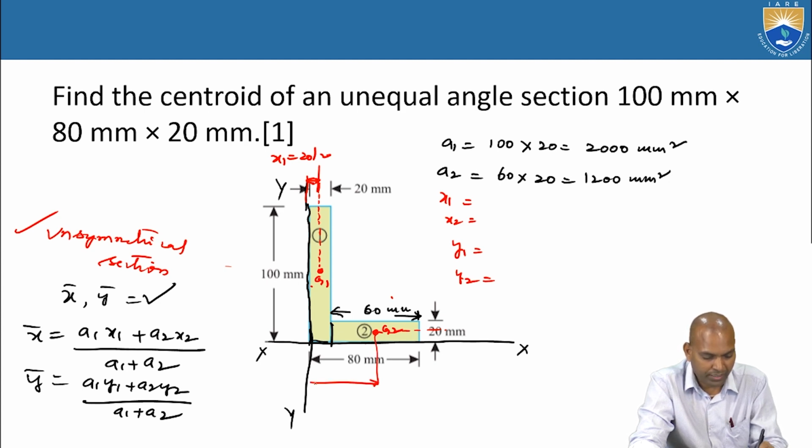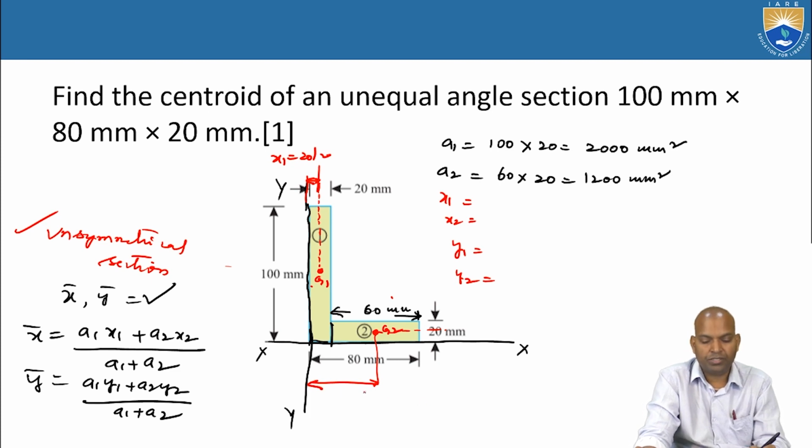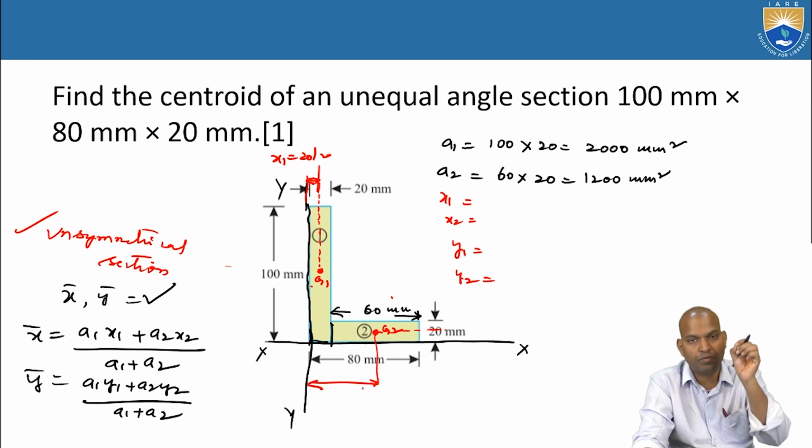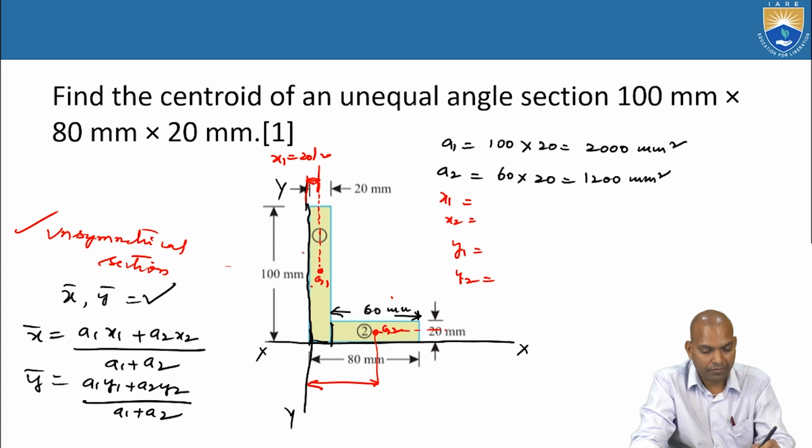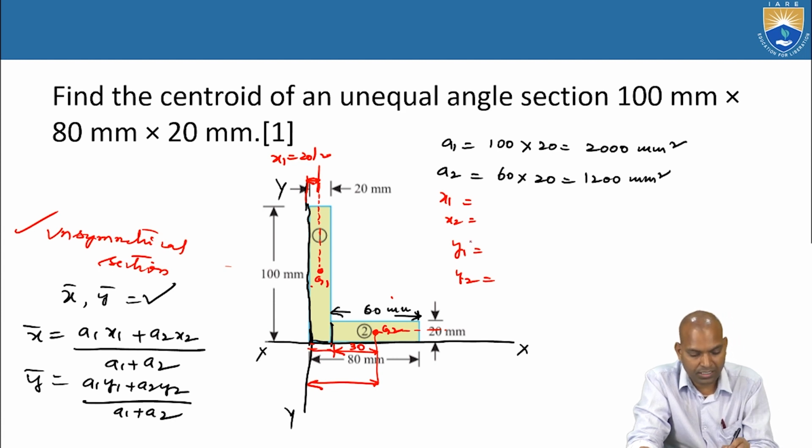This is the distance x2. x2 means the distance from the centroid of section 2 to the vertical axis y. From here to here it is 60 by 2, 30. Here to here is 20 plus 30. That is x2 equals 20 plus 30, 50 millimeters. x1 is 20 by 2, 10 millimeters.